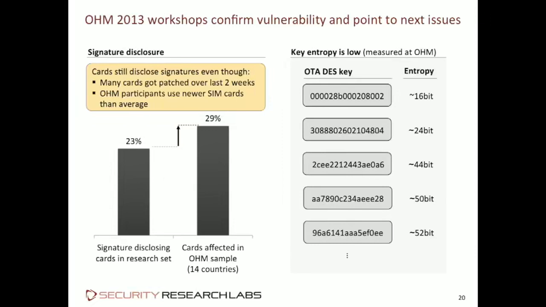And we did think that we would now observe that a lot of cards already did get fixed, like with the networks that we're in close touch with. But that doesn't actually seem to be the case. In fact, your sample set, of course not representative, but those cards that we did sample actually give out more plain text than the cards we collected over the last couple of years.